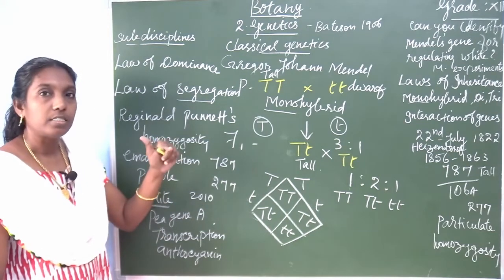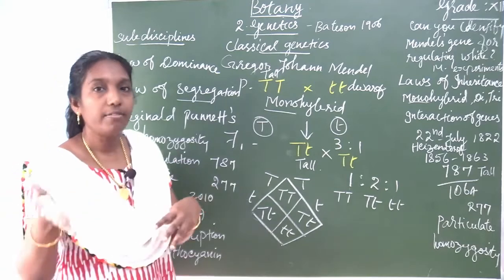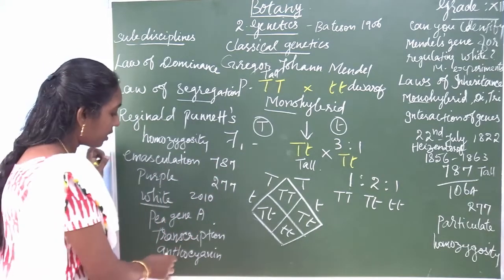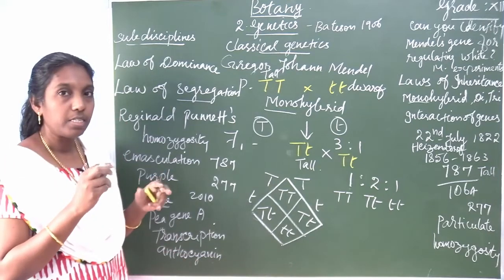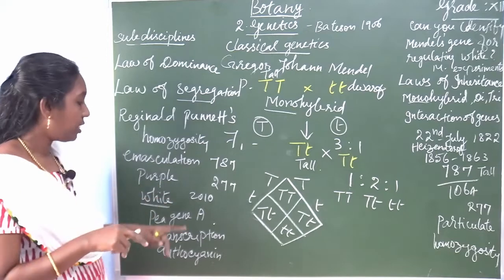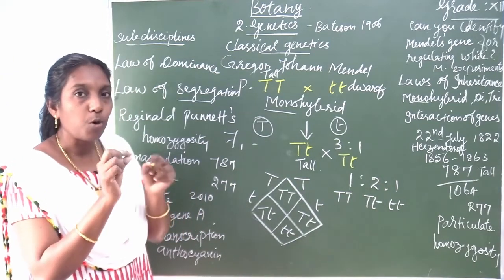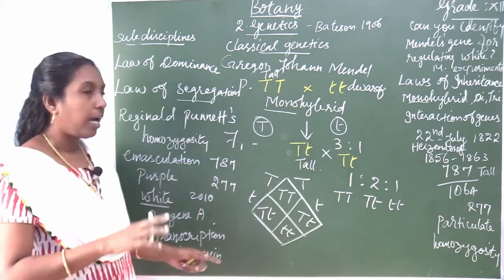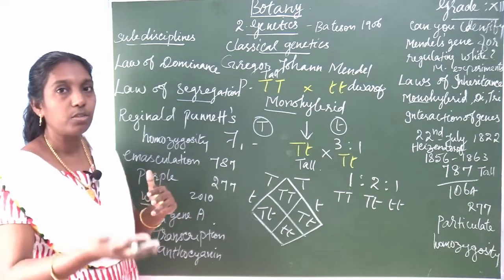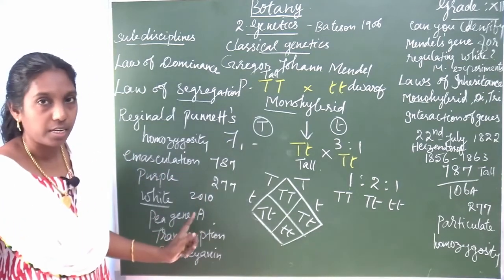So, the researchers transferred this anthocyanin pigment to white flowers. To make a hybrid, they transferred this anthocyanin pigment by gene gun method to the petals of white flowers. With a small change in the nucleotide, this anthocyanin pigment was transferred to the white color petals and it produced purple color flowers.